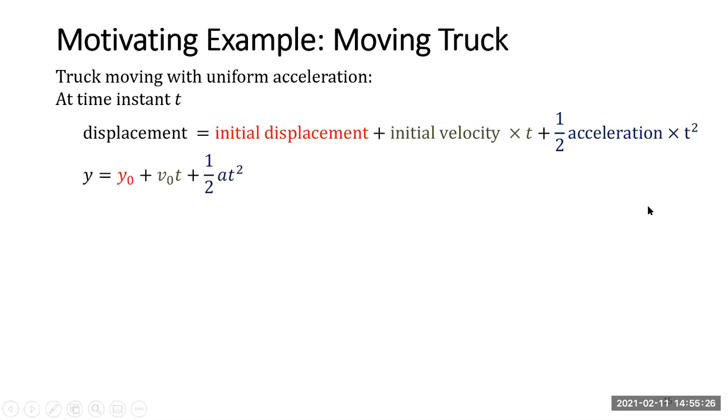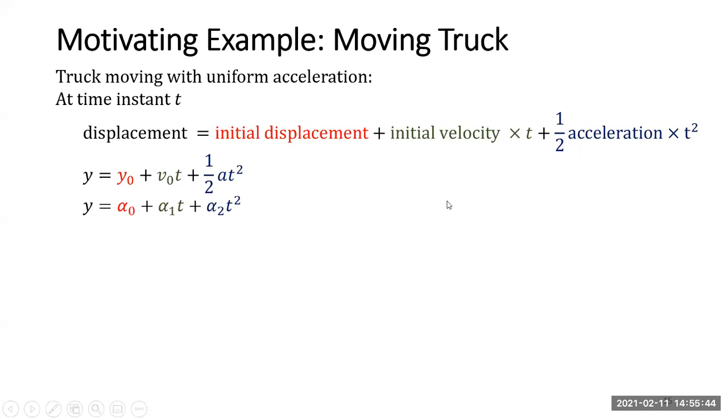We know this. Or y equals y0 plus v naught t, v naught being the initial velocity, plus half acceleration a t squared. This is high school physics.